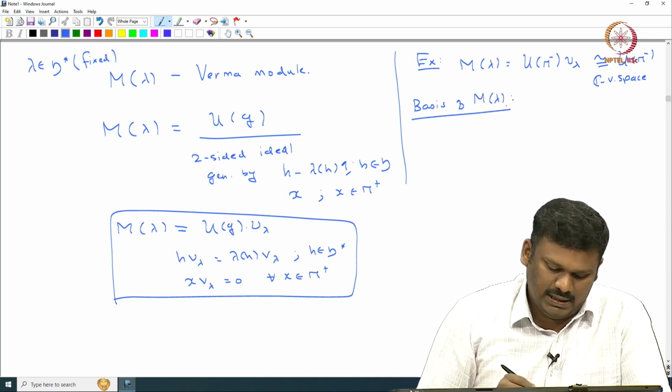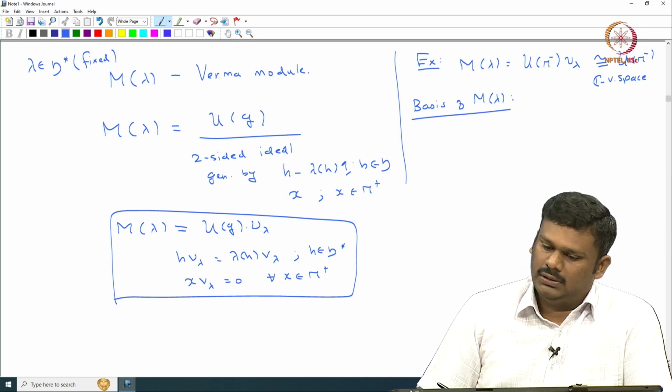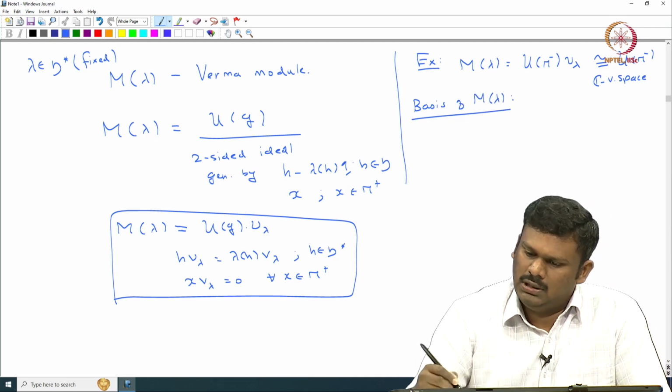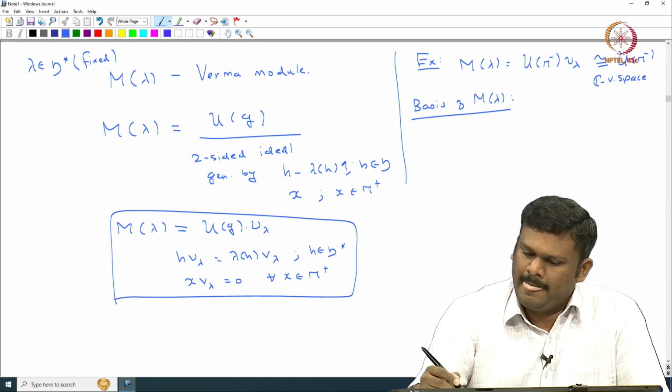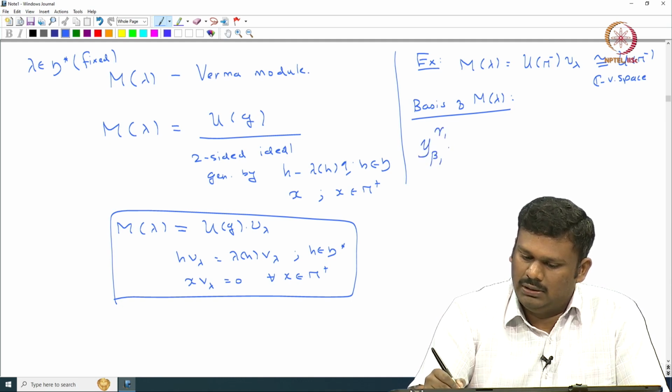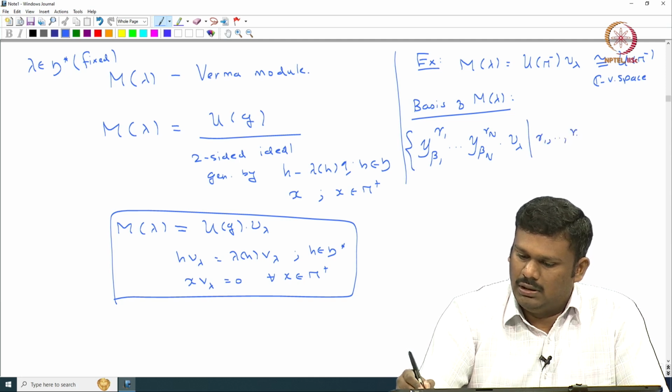We fix again the order of the positive roots. Then you can easily see that M of lambda has the following basis: y beta 1 to the power r1, and so on, y beta n to the power rn, applied on v lambda, where r1 through rn are all non-negative integers.